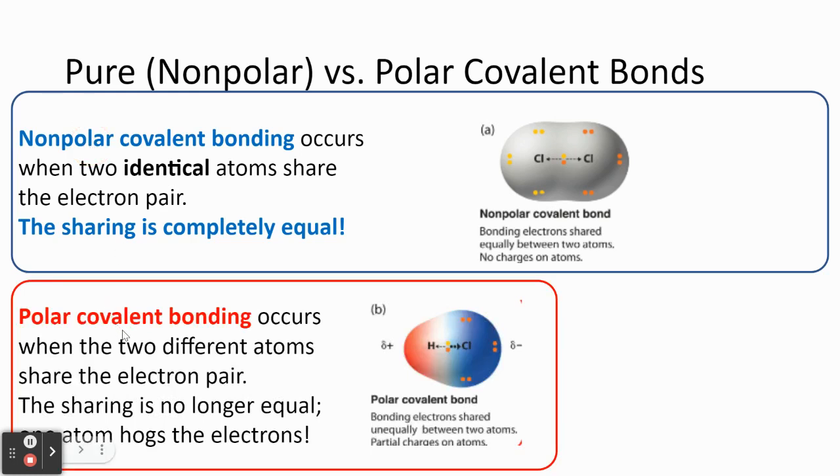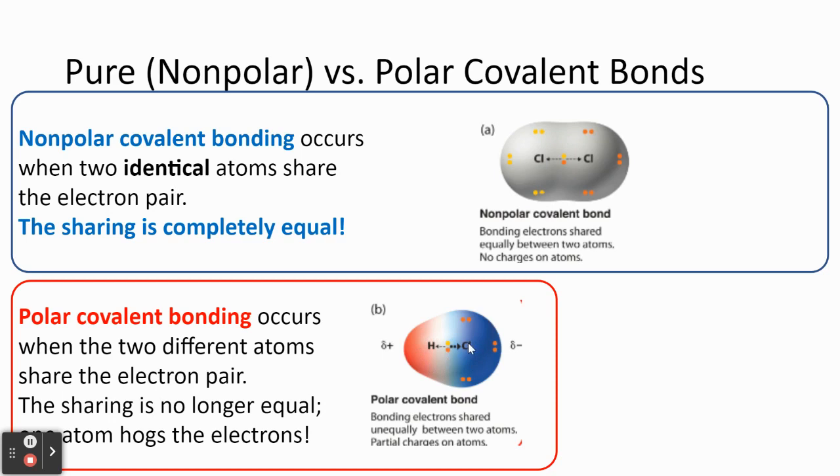If we have a polar covalent bond, it means that 2 atoms are sharing a pair of electrons, but they're not sharing the pair of electrons equally. One of the atoms has a greater attraction for the electrons than the other. If we were to look at hydrogen and chlorine, if they share a pair of electrons between them, both the hydrogen and the chlorine will become stable.